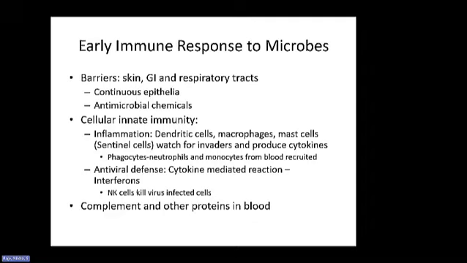So the early immune response to microbes starts with the first line of defense, which is the physical barrier. That's in skin, GI tract, respiratory tract, anywhere that the body comes in contact with the outside world. This is provided by the continuous epithelium, that's the physical barrier, and then the chemical barrier also plays a role, which is provided by antimicrobial chemicals.